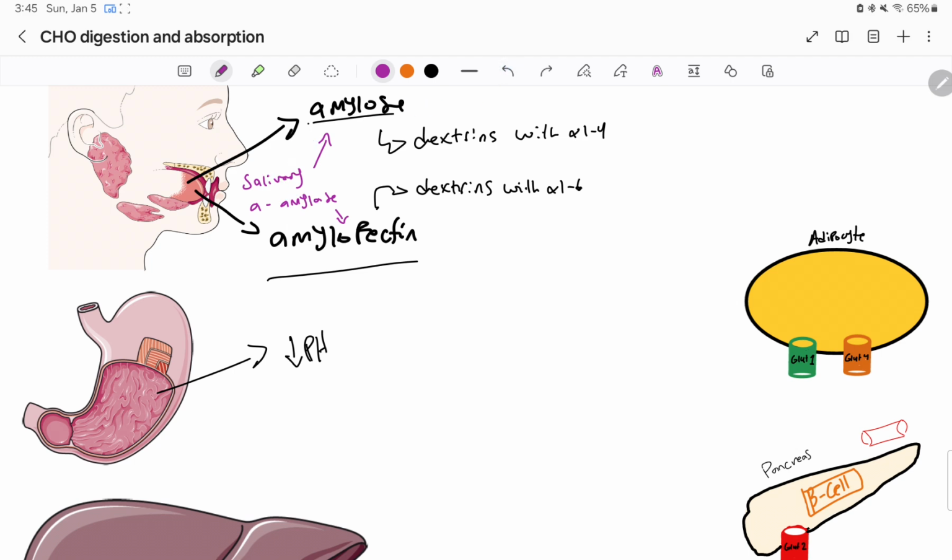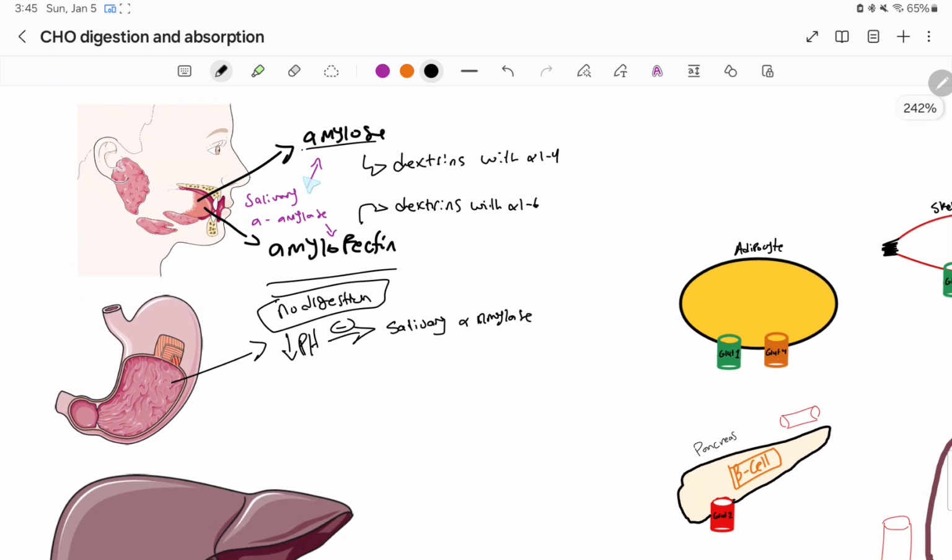At that point, there's no digestion. More often than not, we just ignore digestion in the stomach and we say there's no digestion. So the low pH is going to inhibit the salivary alpha amylase.